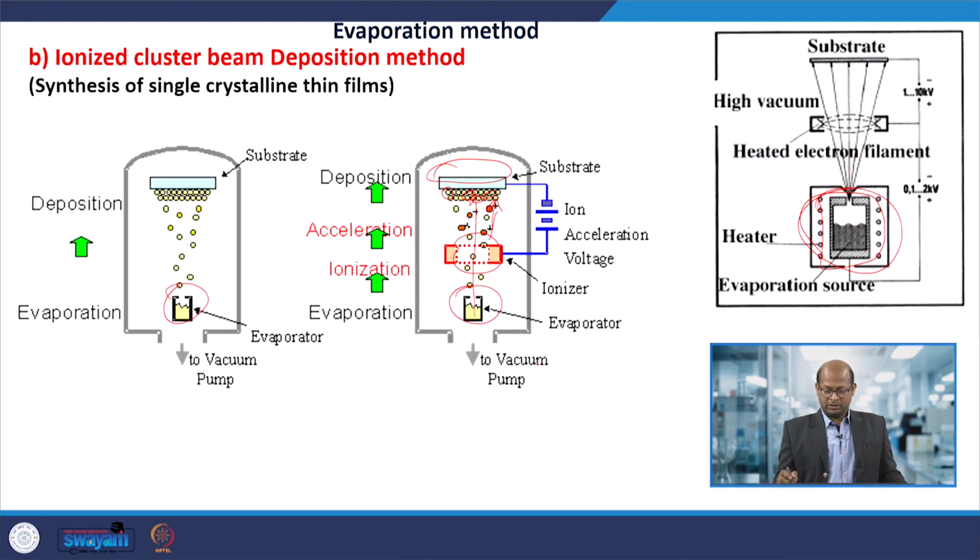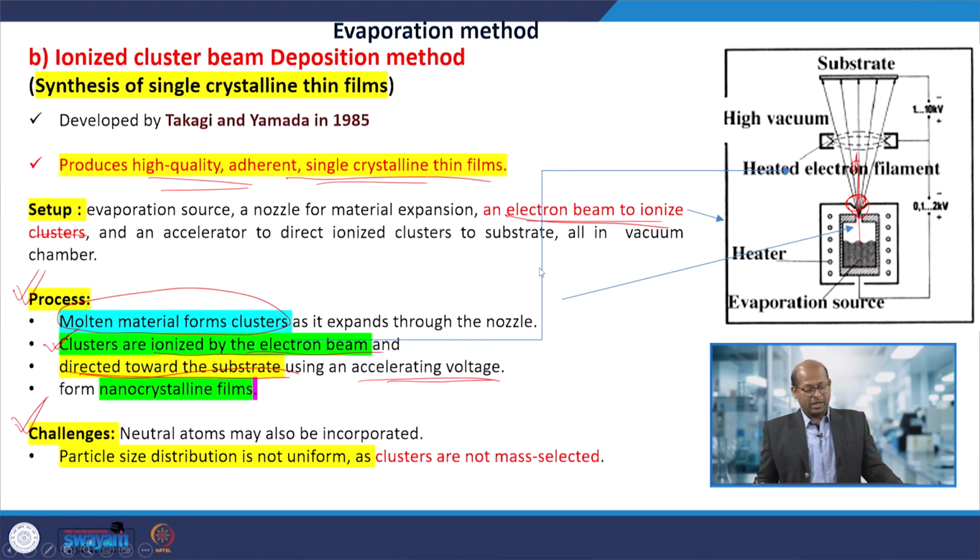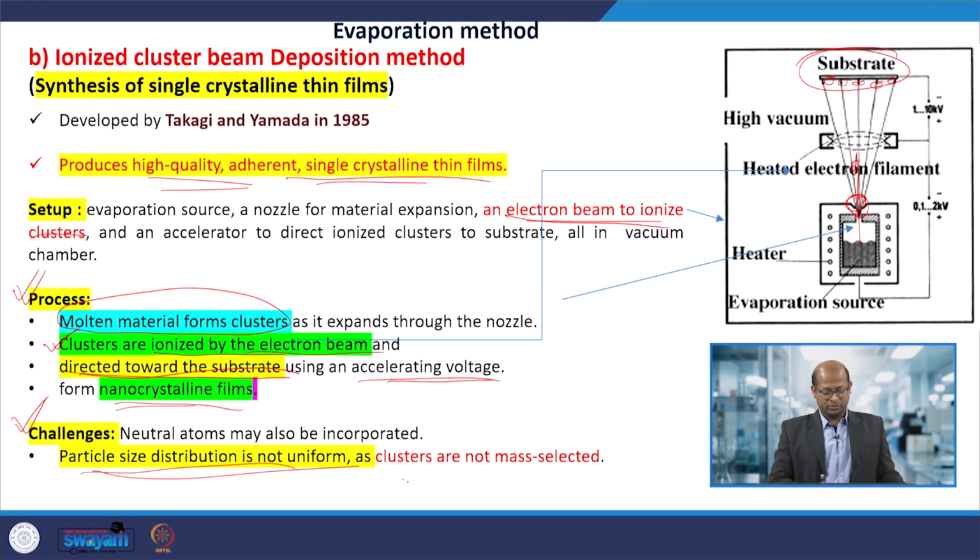Nanocrystalline films are then formed and deposited over the surface, so we can collect the materials later. The particle size distribution will be non-uniform as the clusters are not mass selected.